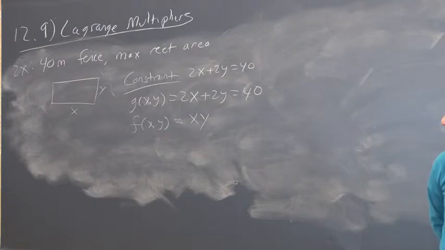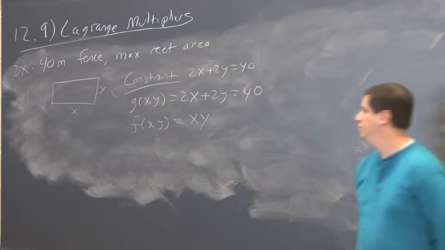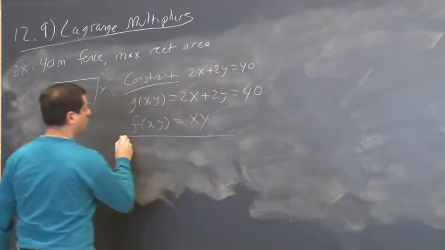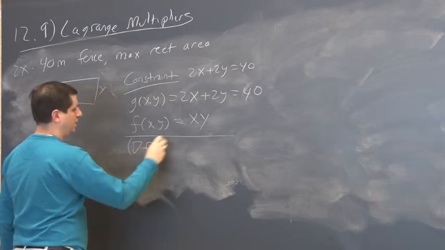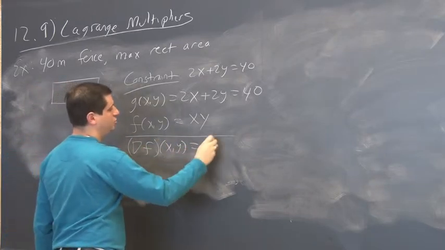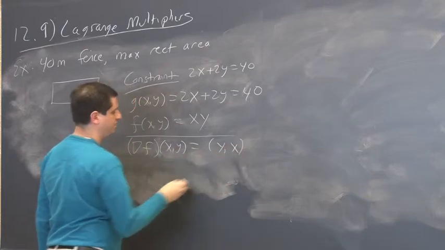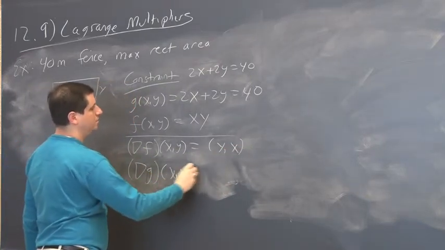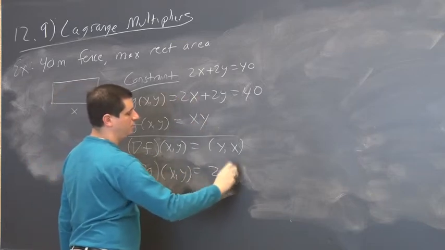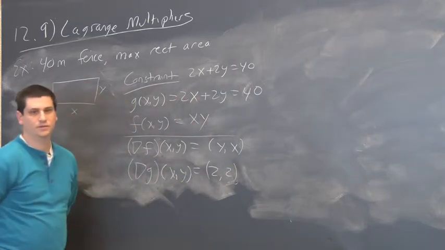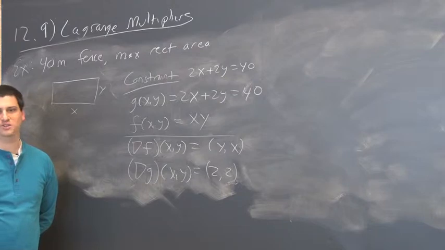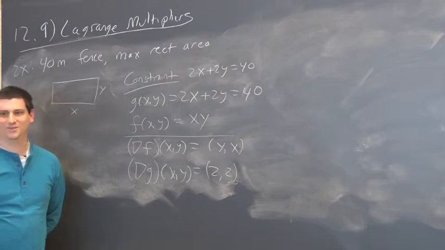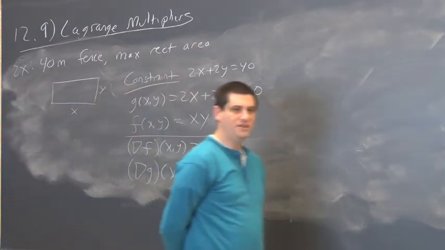So we have to calculate grad f and grad g. The gradient of f at the point x,y is just y, x. The gradient of g at the point x,y is just 2, 2. We are now done with calculus. It wasn't that long. Now it's time for the algebra.